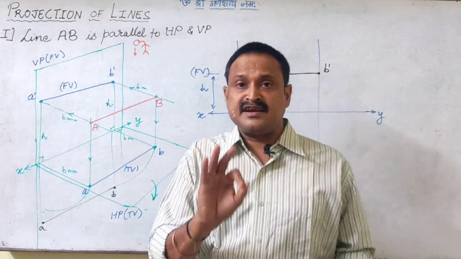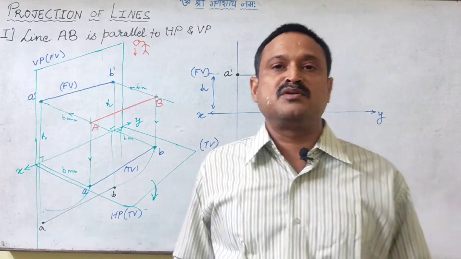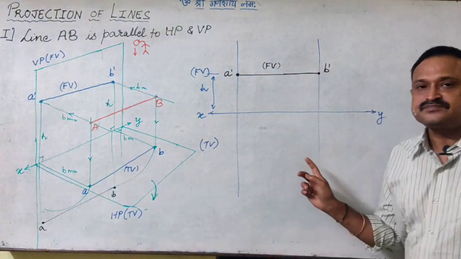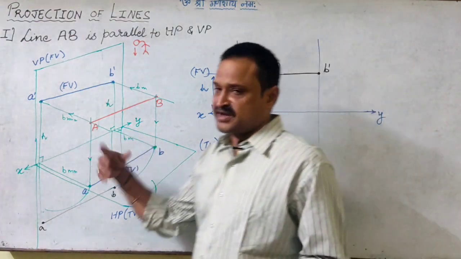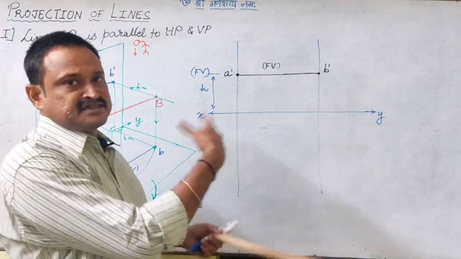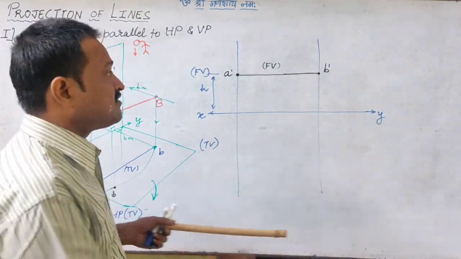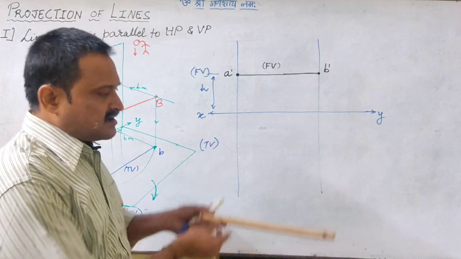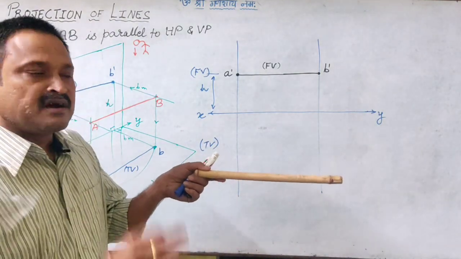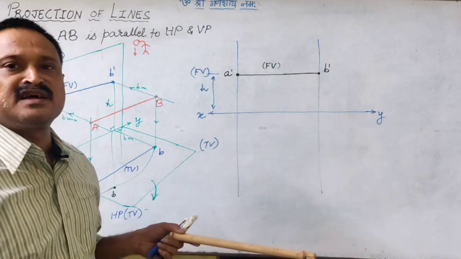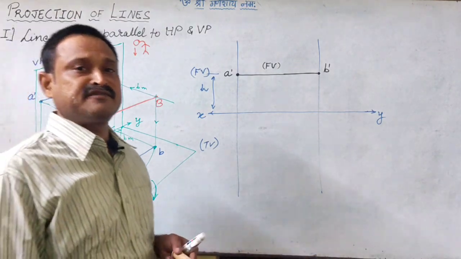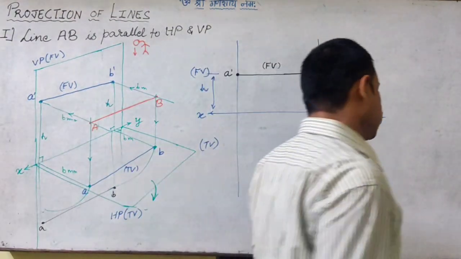This is for sure. When a line is parallel to HP, its front view image will be parallel to the XY line. Now we are not talking about the length of this line. We will talk about it in the later stages, how, irrespective of the length, when a line is parallel to HP, of course the front view of the line will be parallel to the reference line or the XY line.